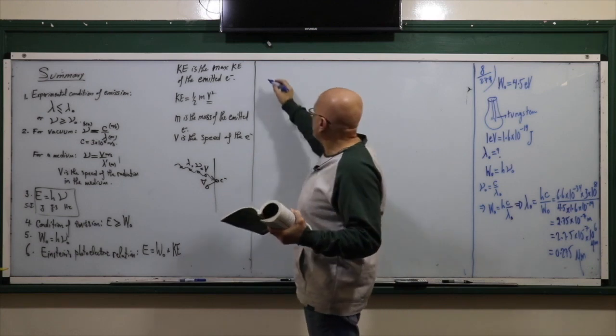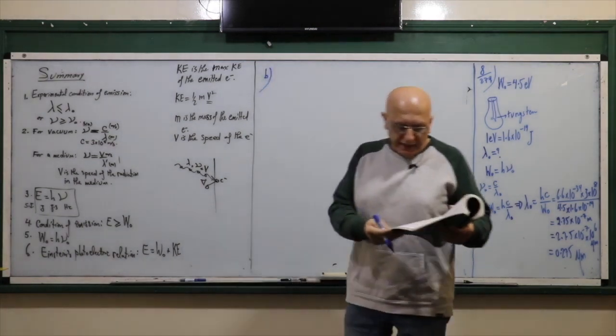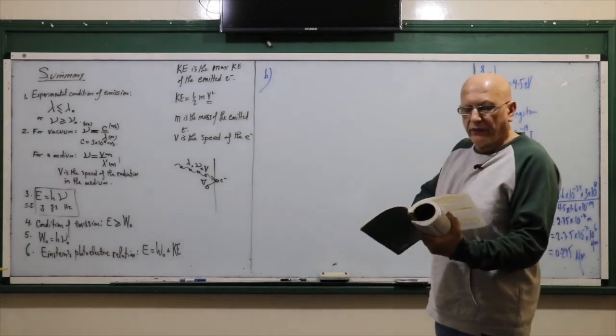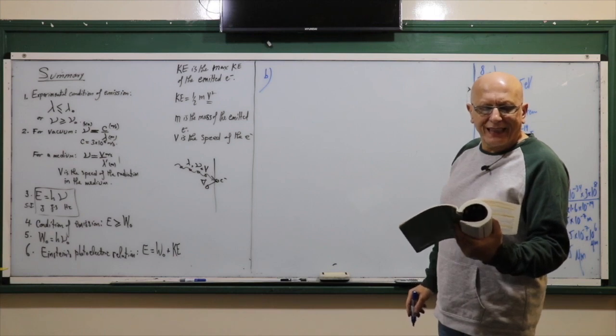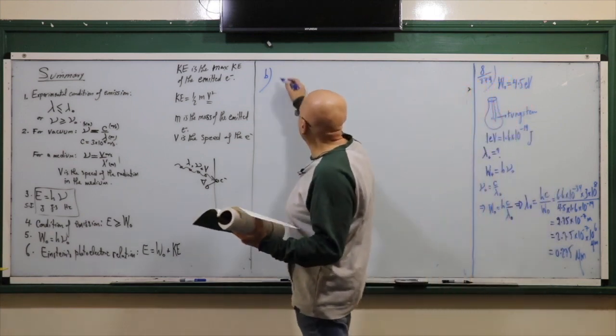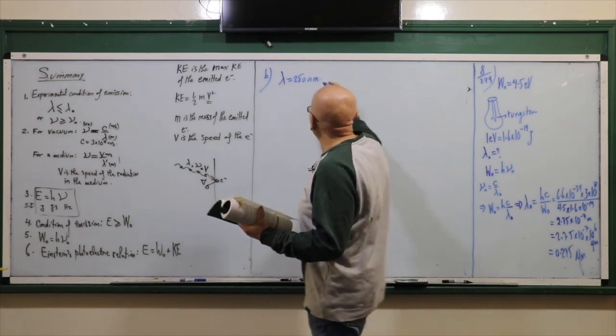Part B. Do we obtain photoelectric emission if the tungsten is illuminated by ultraviolet radiation of lambda equal to 50 nanometer?